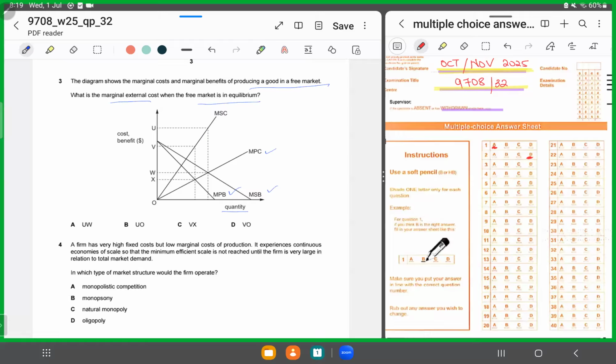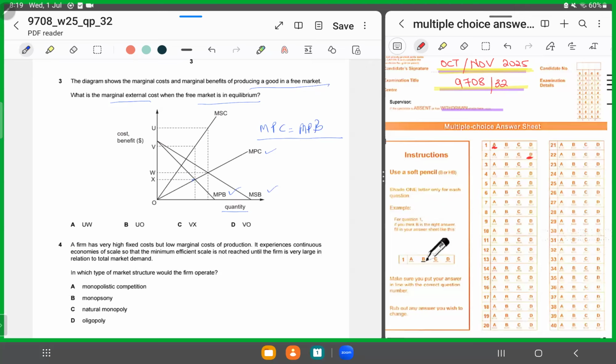So now first you tell me, when a free market is in equilibrium, what sort of situation is it? When marginal private cost is equal to marginal private benefit. So now look at the curve and tell me where the private cost MPC is intersecting MPB. It's intersecting at point X here.